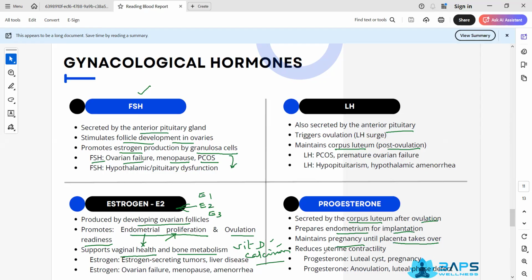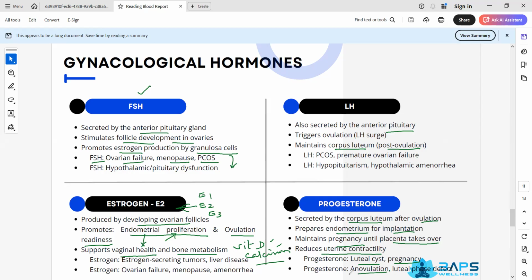And this also reduces the uterine contractility. Otherwise, what will happen? If the uterus contracts, then abortion will happen. So this avoids that. So in the case of luteal cyst or pregnancy, this will be more.